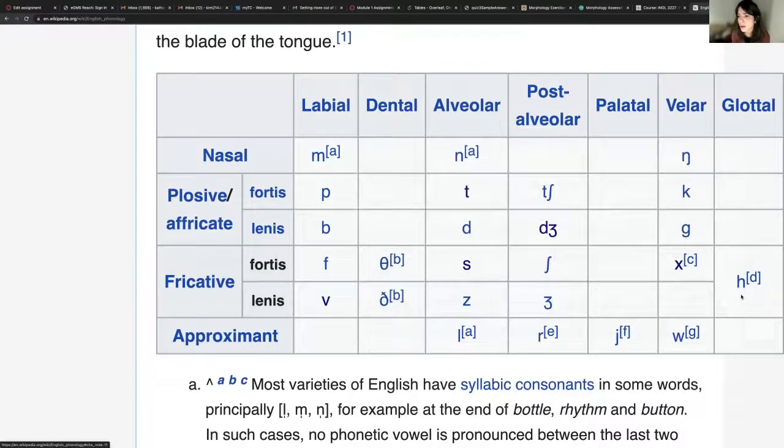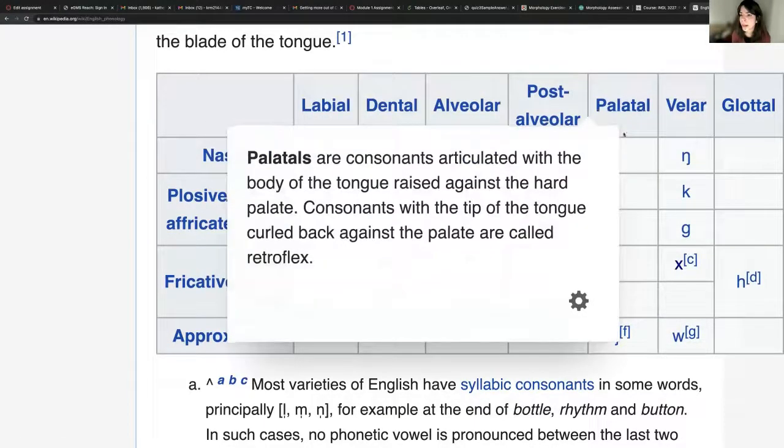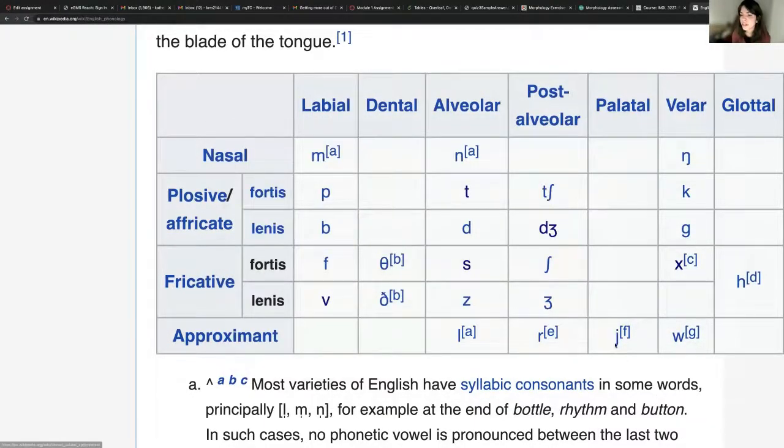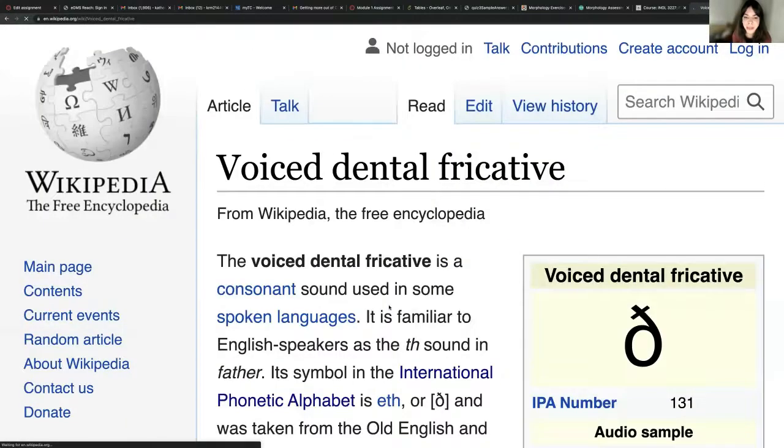So glottal, ha, see? Velar, g, u, palatal, j, y, sorry. And if you don't know what a symbol stands for or how the sound of that symbol sounds like, you can just go to the symbol and click on it. Y te va a llevar.